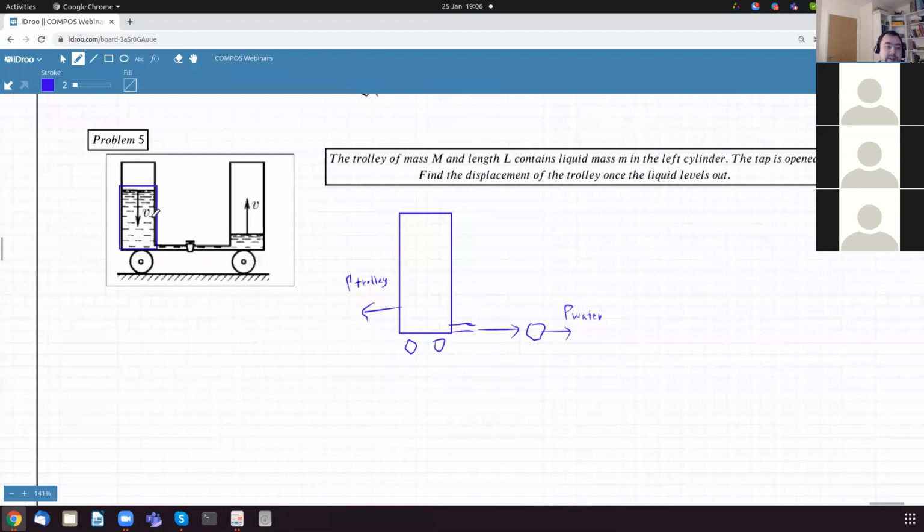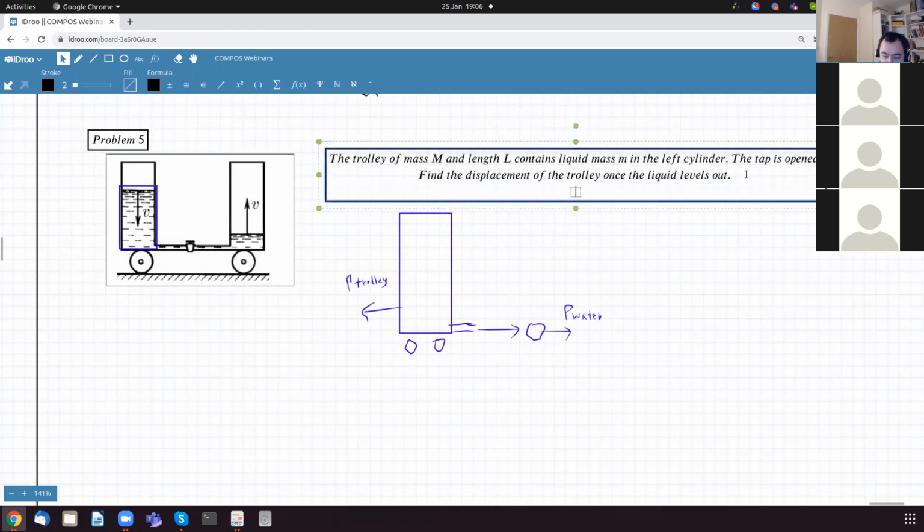I forgot to mention that the cylinders are thin compared to the length of the trolley.